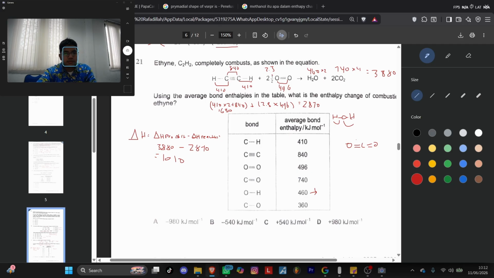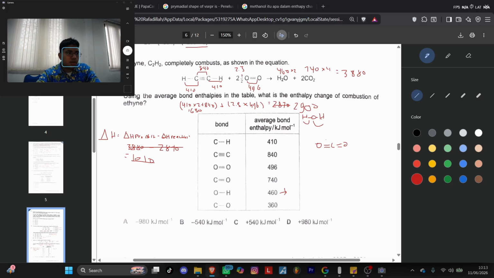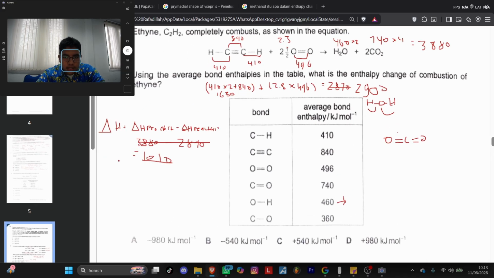I think I have miscalculated here. This is not 270, but 2,980. So the answer is, and we need to search enthalpy of combustion. So we need to see the reaction, right? Because we want to find the delta H reaction.